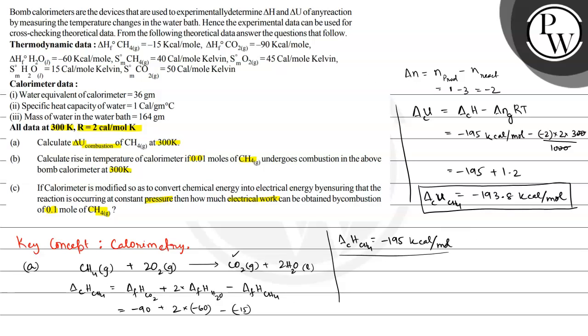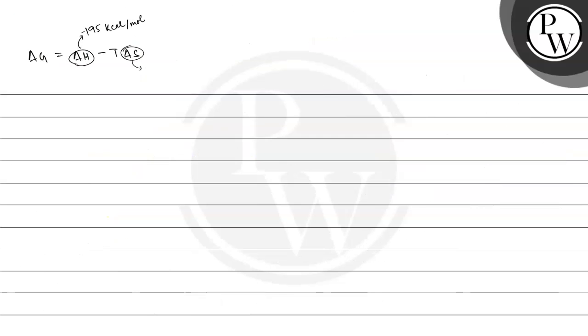So what is in the given data? Entropy of methane, oxygen, water and carbon dioxide are given. So delta S will be the summation of entropy of products minus the summation of entropy of reactants.